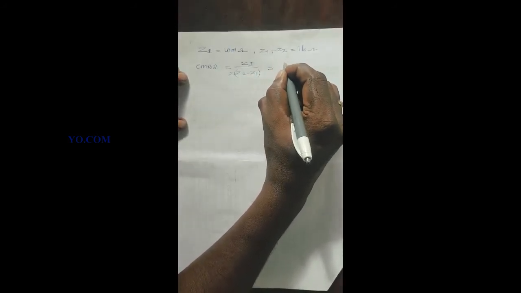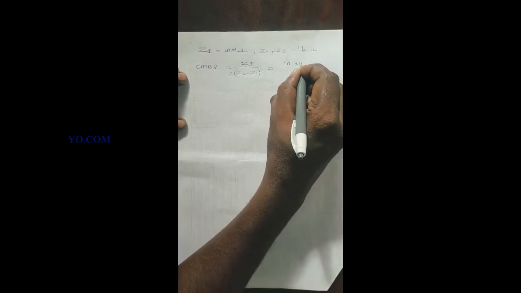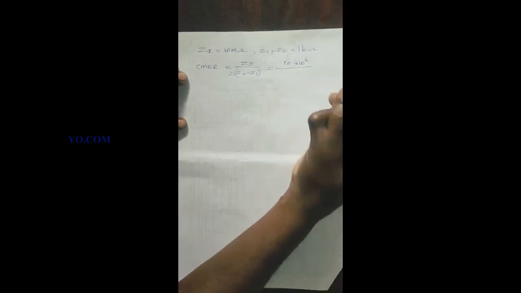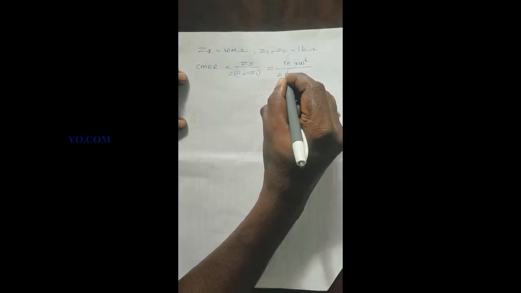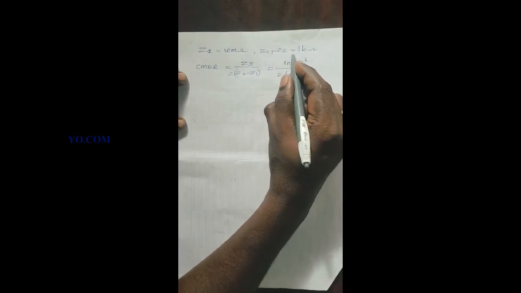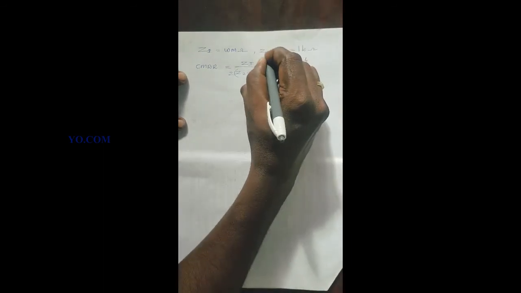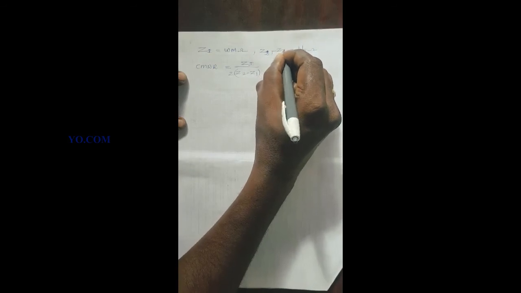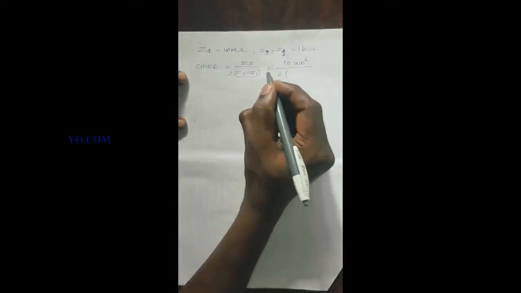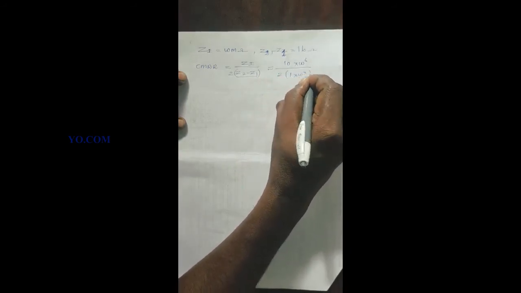So Zi equals 10 mega ohm, 10 into 10 power 6, divided by 2 into Z2 minus Z1, which is 1 kilo ohm, 1 into 10 power 3.